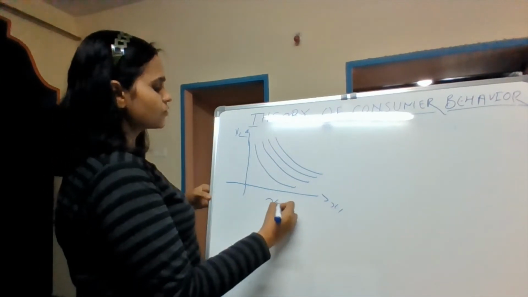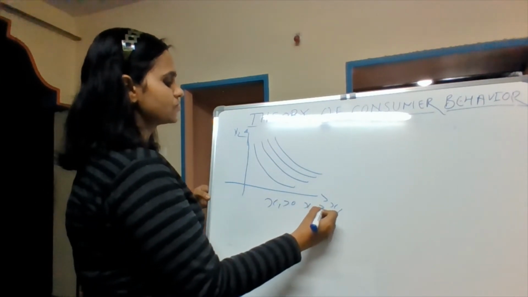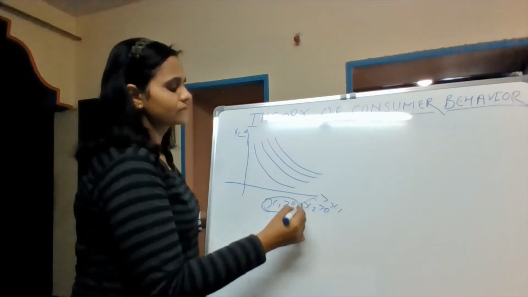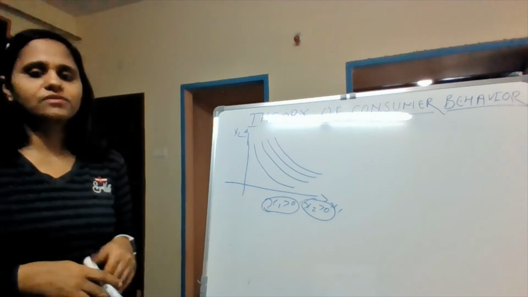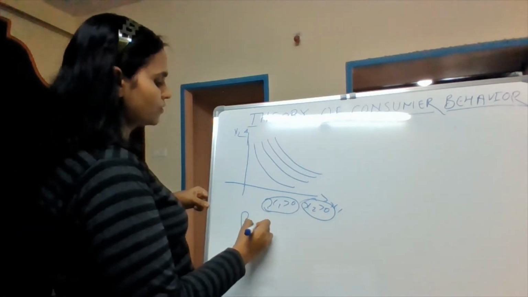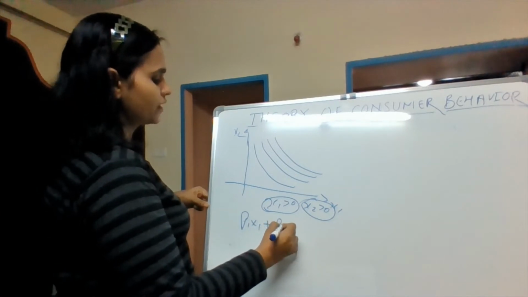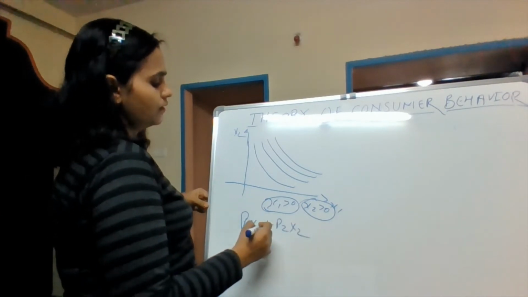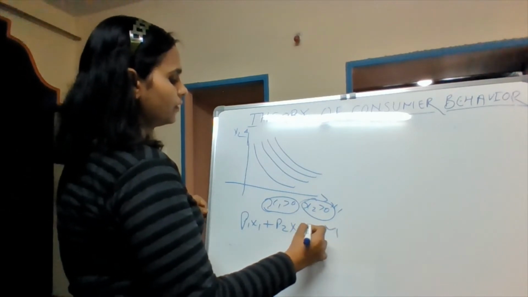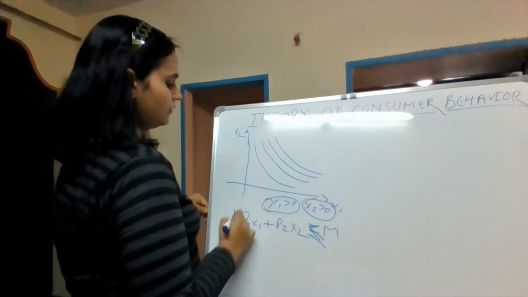Your constraint is always x1 greater than 0 and x2 greater than 0, because whatever you consume should be greater than 0. It cannot be less than 0. And another is price of x1 times x1 plus price of x2 times x2 less than or equal to m.